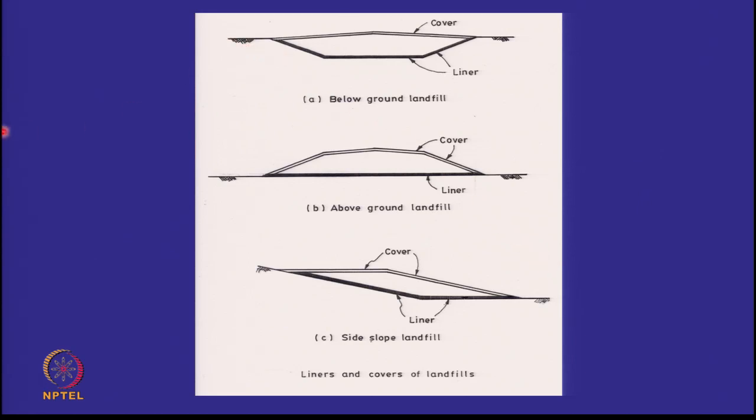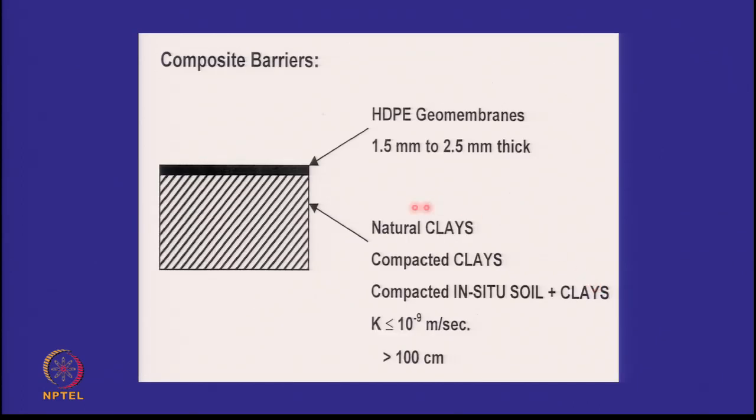And we recognized there are different shapes and sizes of landfills, and we talked about below ground landfills, above ground landfills, and side slope landfills. The composite barrier was a completely new type of liner that we evolved through our discussions. Why is it a composite barrier?